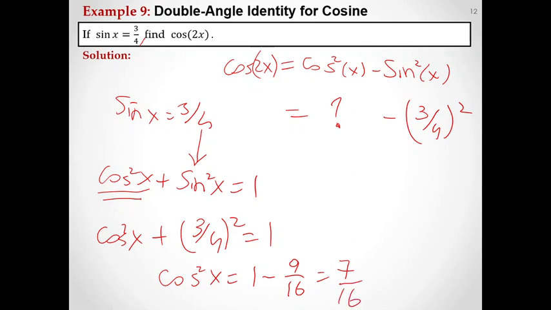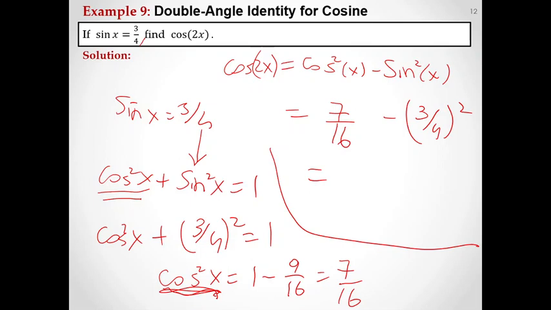Now we can put this here because we need just cosine squared, so we don't need to take the square root and try to find the cosine. If we try it, we will end up with the plus or minus issue, and it's not given in the problem. But for cosine squared x, it's okay.